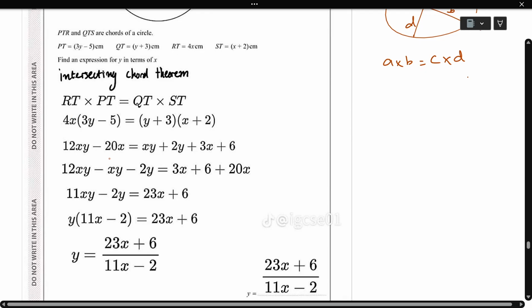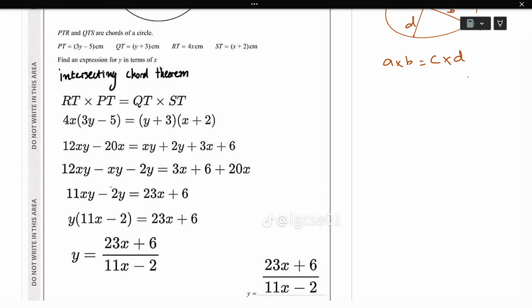After expansion, we are simplifying: all the y terms we will bring to one side and the x terms to the other side. So we are making y the subject. When you make y the subject, this is the final answer here. So after expansion and simplifying, all the y terms on one side: 12xy minus 2y.